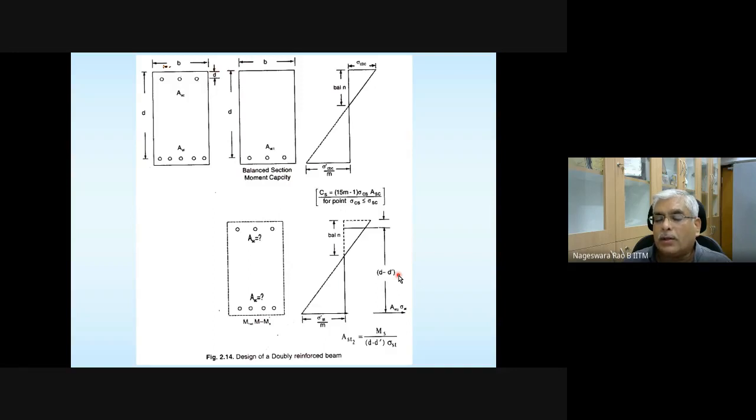Okay, so the additional tensile steel is given by the balanced moment divided by permissible stress in steel multiplied by the lever arm distance. And this is the tensile steel that you need to provide if it is a balanced section.